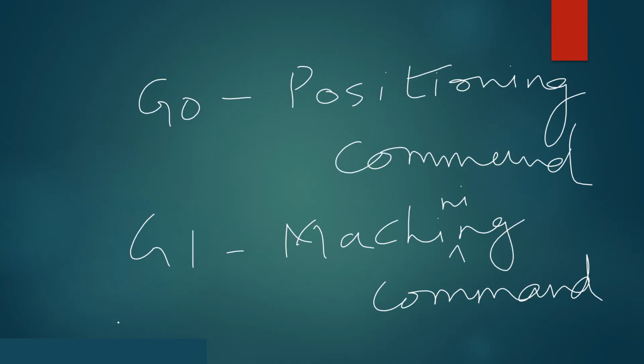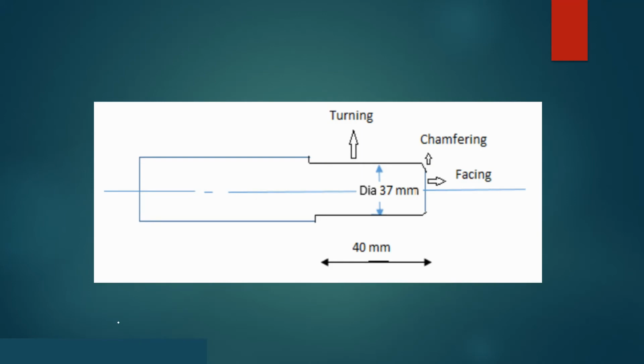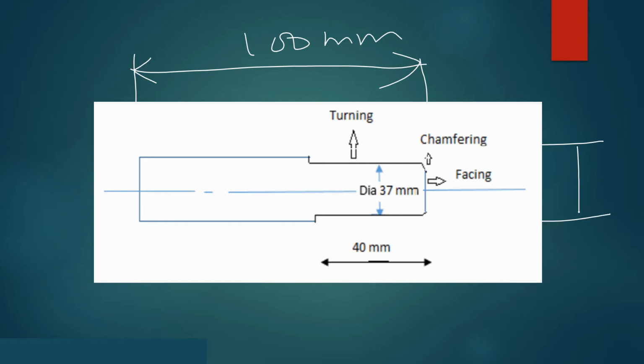We have to understand that G0 is used for the positioning command, and G1 is used for the machining command. You see here, this is the job we have to do. The overall length is 100 mm, and this one is 40 mm diameter.